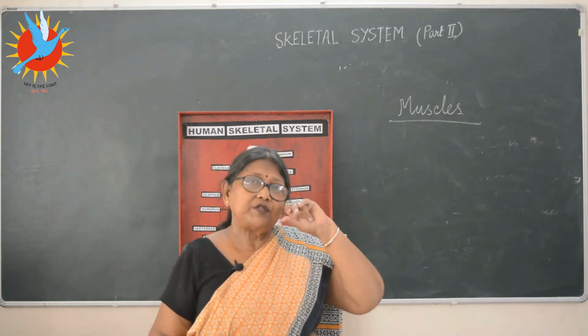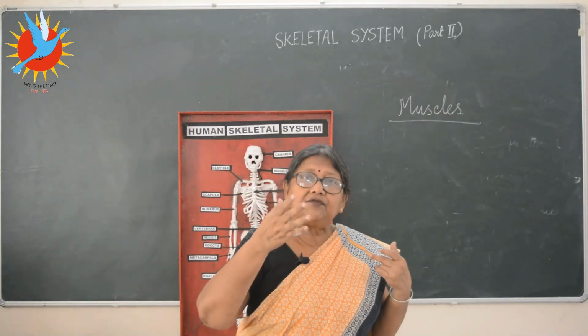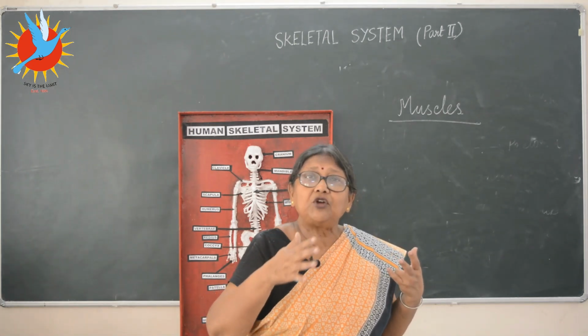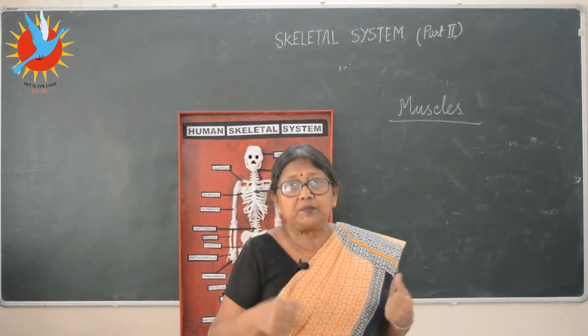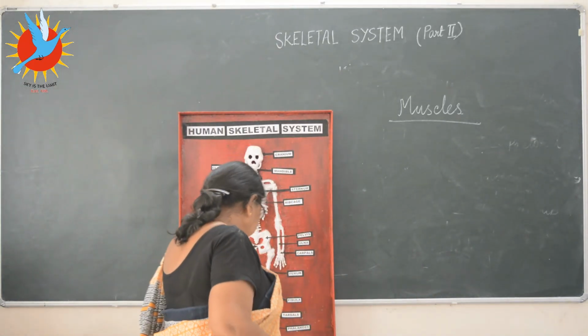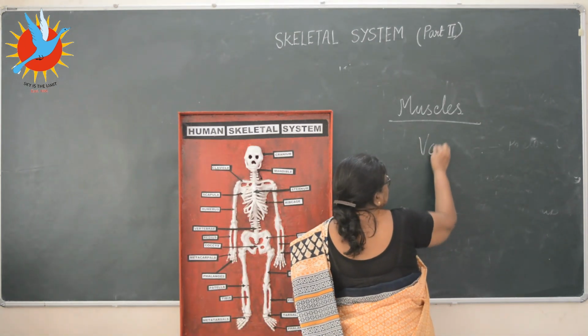And a third type of special muscle makes only the heart. Continuously from your birth to your death, what is it doing? Pumping. It's pumping blood to all the parts of the body. Contraction and expansion is the main function. So three types of muscles are there: the voluntary, involuntary and cardiac muscles.